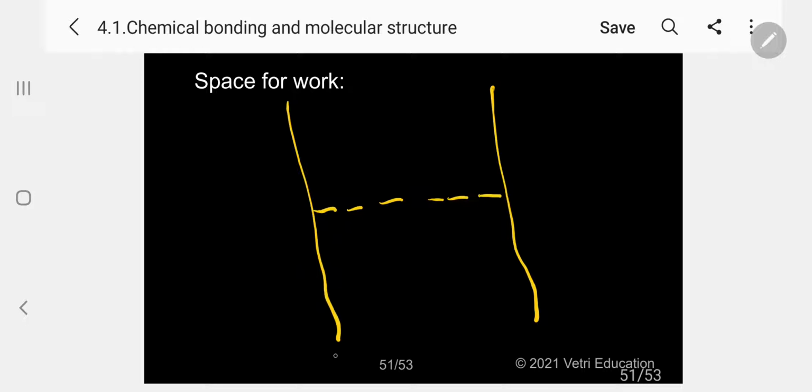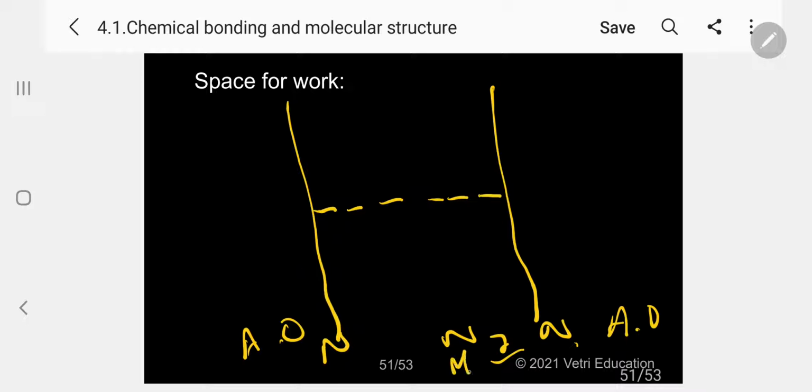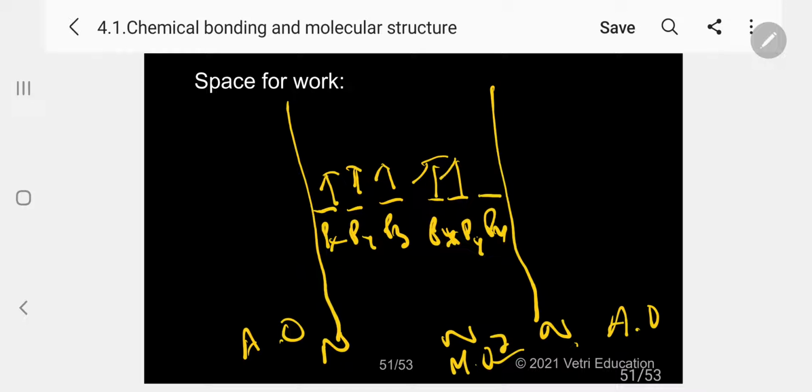This is the N2 atomic orbital, this is the molecular orbital. Kindly follow. These 3p, meaning px, py, pz, so 3 electrons are there: 1, 2, 3.